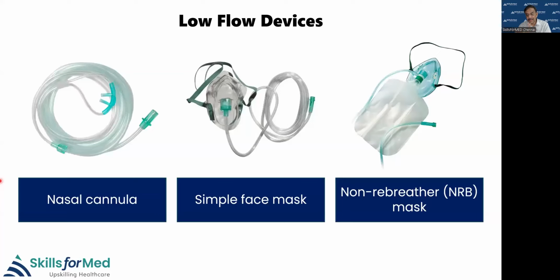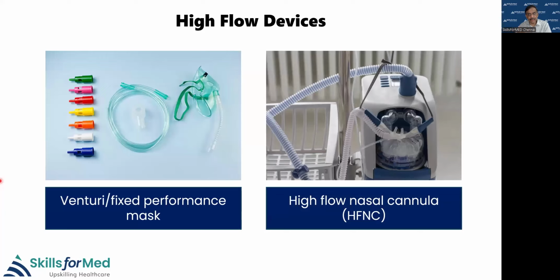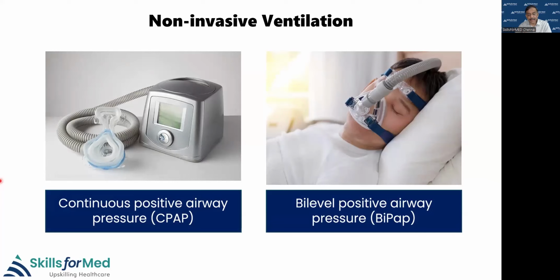In this lecture I put it in low flow, but later I will discuss it as a high flow, because according to British Thoracic Society guidelines, the non-rebreather mask is a high flow device. The most common high flow device used in every hospital is the Venturi, otherwise known as the fixed performance mask, then the high flow nasal cannula, and then CPAP, BiPAP, and of course the ventilator.